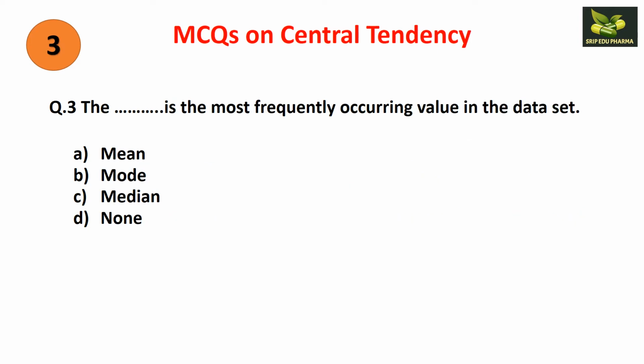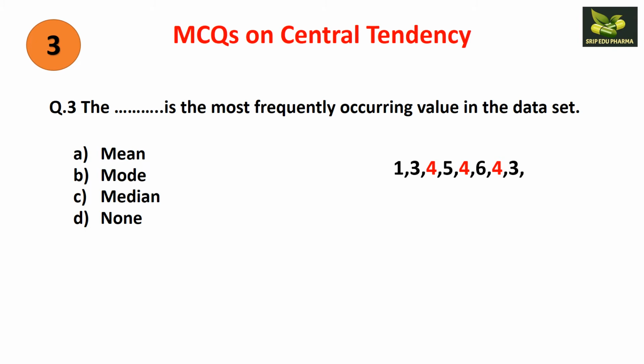Question number 3. Dash is the most occurring value in the data set. A is mean, B is mode, C is median, or D is none. Here the answer will be B, that is mode. If you see this data: 1, 3, 4, 5, 4, 6, 4, 3, here 4 has come 3 times.